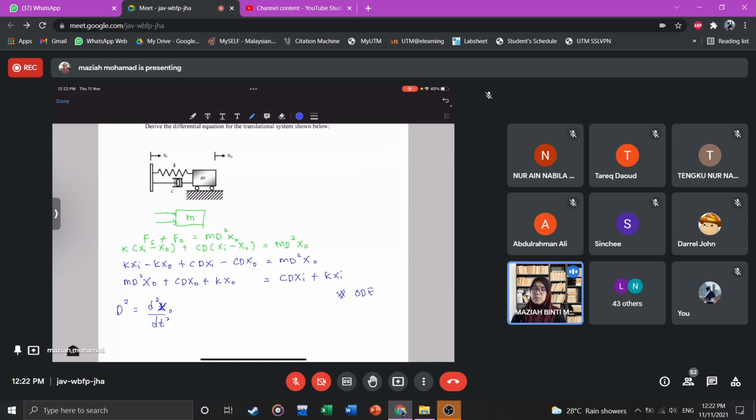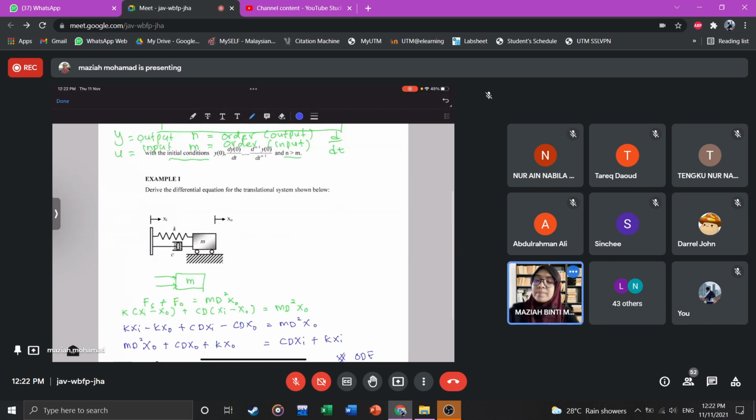So in order to solve for the ODE, we have a few steps. The first one, in our example here, is to produce the ODE.